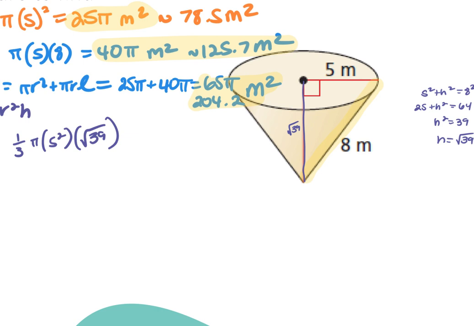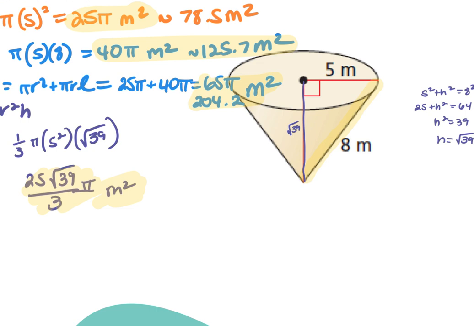I'm going to square it and kick the pi to the end. So this would be 25 square root 39 over 3 pi. And that pi could be in the numerator. It could be on the side. It doesn't matter. If it wanted it exact, that's as far as you could get. If it wants you to round, you're going to multiply that out. 25 times the square root of 39. Make sure you close the parentheses if you're keeping it together.